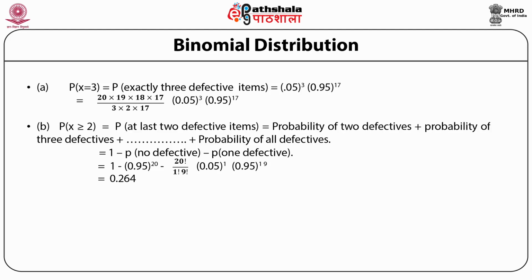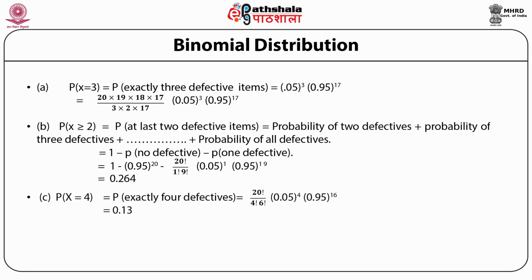So the probability of 2 defectives plus probability of 3 defectives and so on, up to probability of all defectives. That means 1 minus, to cover probability x is less than 2, that is x is 0 and x is 1. So 1 minus probability of no defective items minus probability of 1 defective item. This is the required probability for P of x greater than or equal to 2.